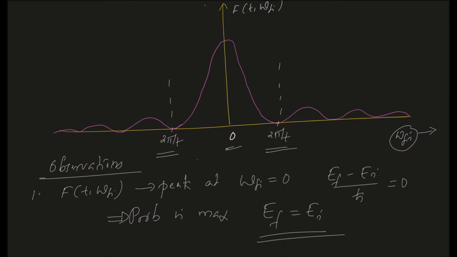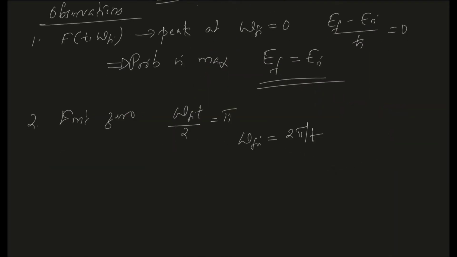The width of the transition is given by 4π by t. So you can write the Δω, the width of the transition, is 4π by t. If you multiply with ħ, you can write ħΔω, which is ΔE, is given by ħ into 4π by t.